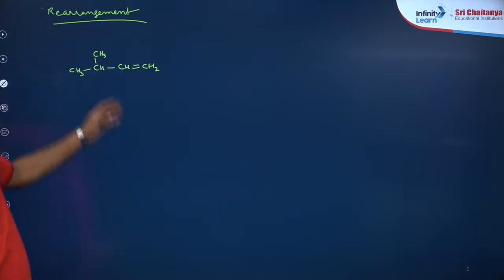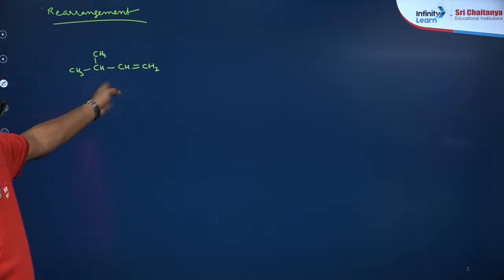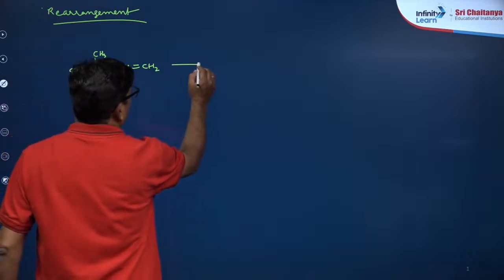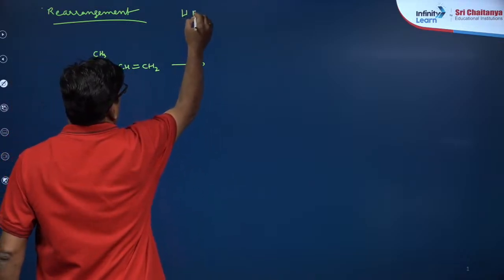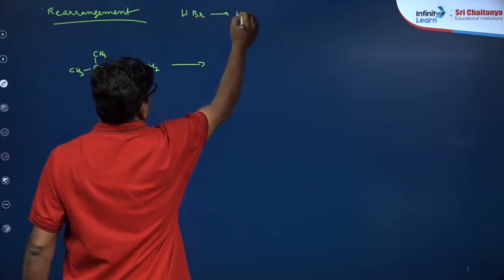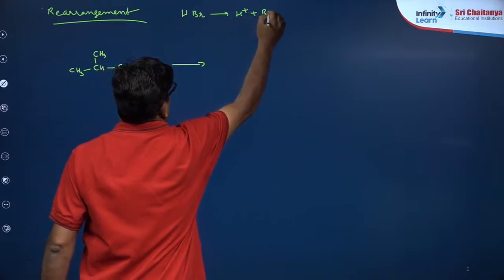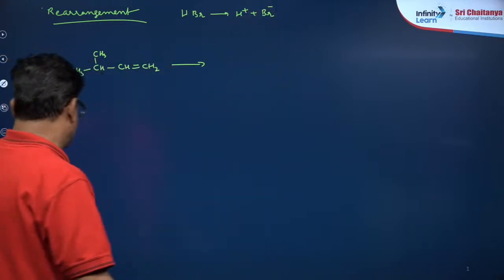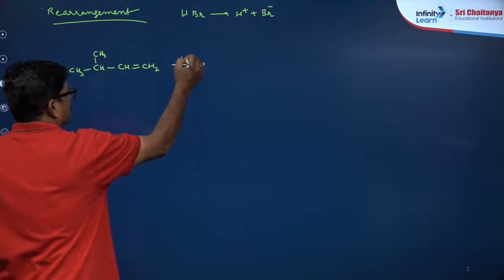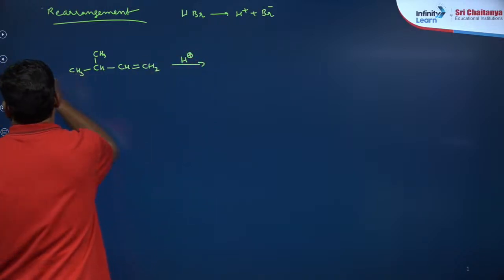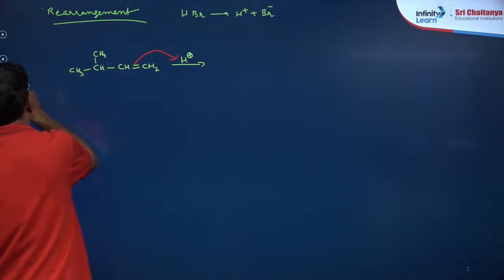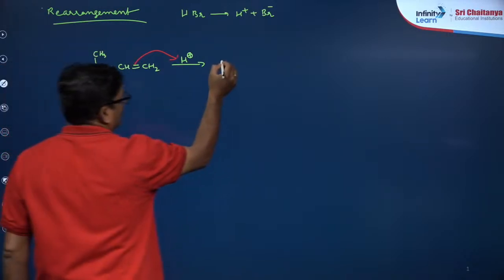So that is 3-methyl-but-1-ene. When this 3-methyl-but-1-ene is added with HBr, it gives H plus and Br minus. So this H plus can attack here, so that you are going to get the possible more stable carbocation.